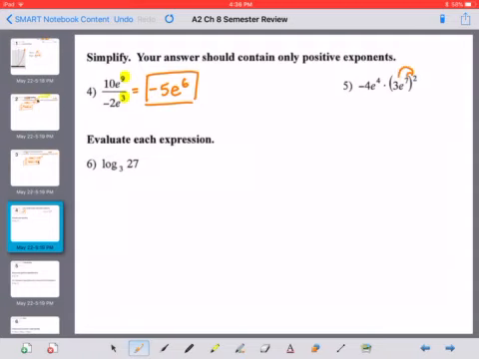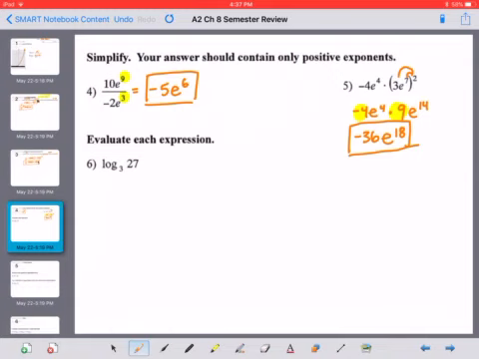First, let's sprinkle this 2 on in. So we won't do anything with the -4e to the 4th, but then 3 to the power of 2 becomes 9. e to the power of 7 times this exponent of 2 would give us e to the 14th. And now we can multiply this -4 by 9, giving us -36, and we can add the exponents in this case. So we get e to the power of 18.